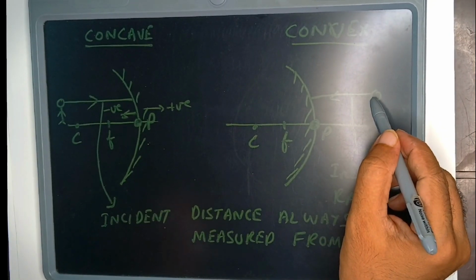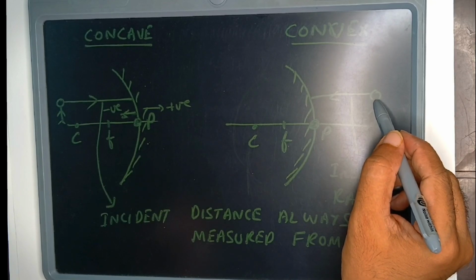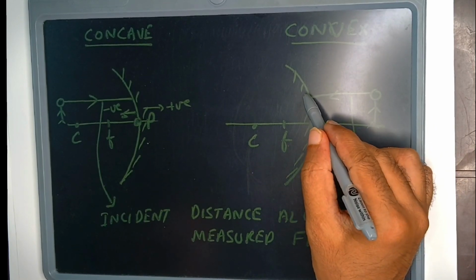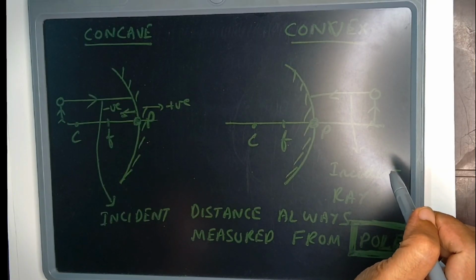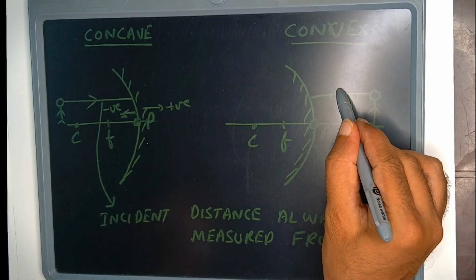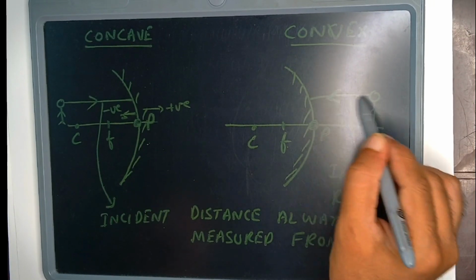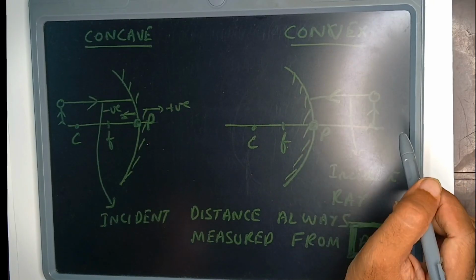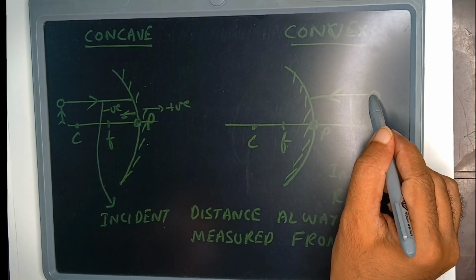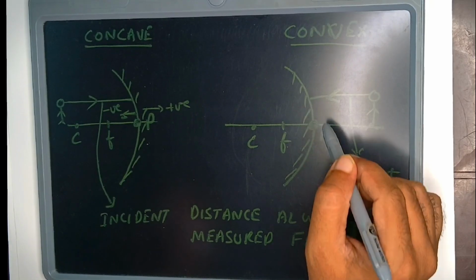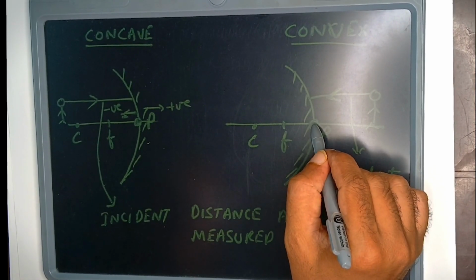Similarly, on this side, if the object is standing opposite to the reflecting surface of the convex mirror, then the incident ray is moving from right to left. All distances are actually measured from pole to focus.